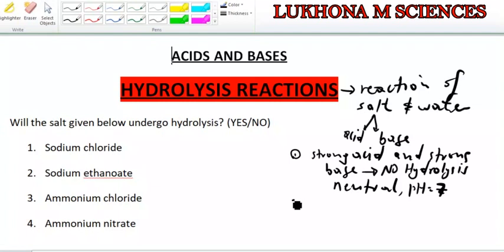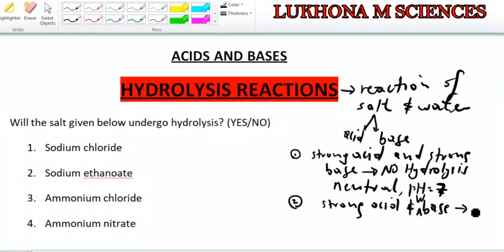Then condition number 2, a salt that is a product of a strong acid and a weak base, I will just say W here, a weak base, will undergo hydrolysis.